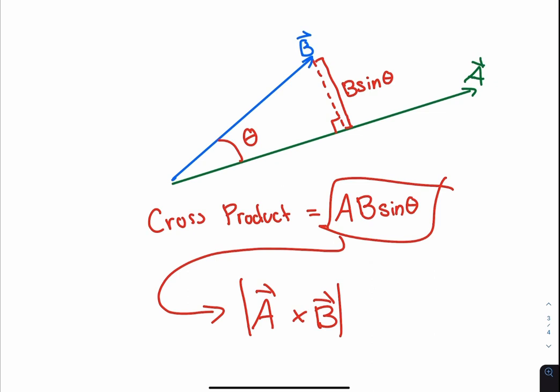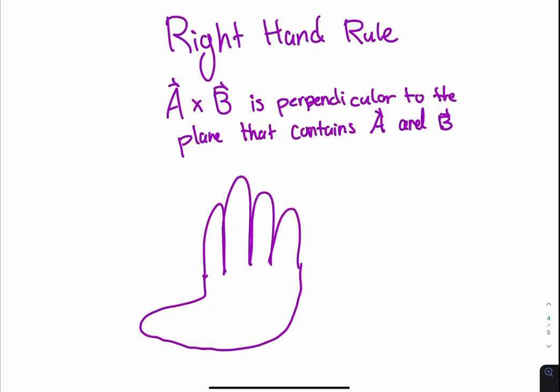Now, how do we find out if it goes into or out of the page? For that, we have something called the right-hand rule. Now, if you'll excuse my terrible drawing, you'll recognize this as a right hand.